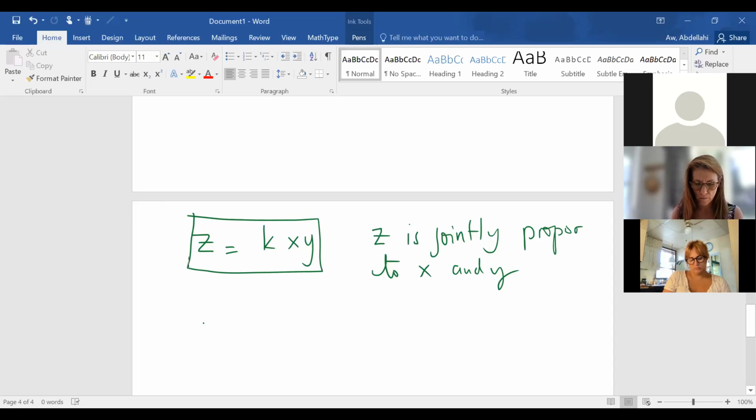When you say z is equal to kx over y, can you translate this formula into a sentence?